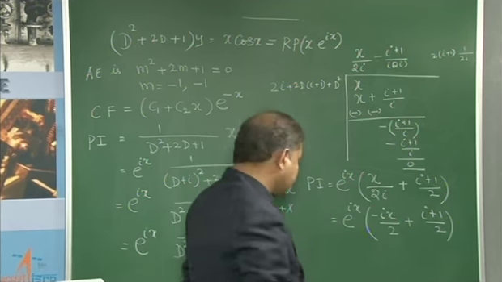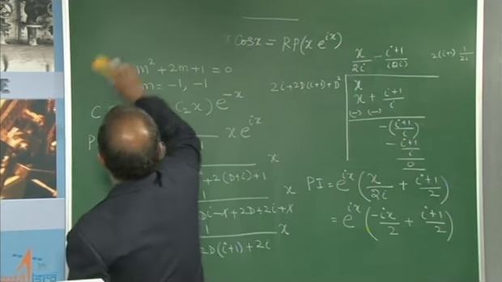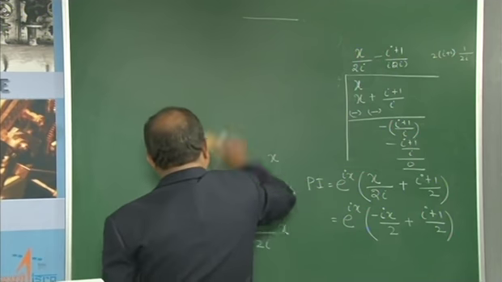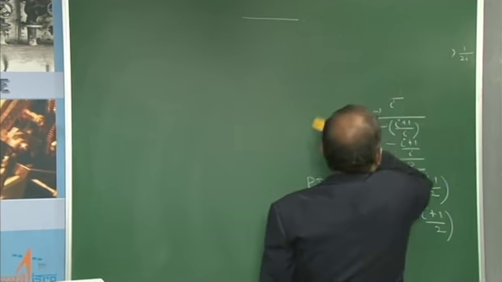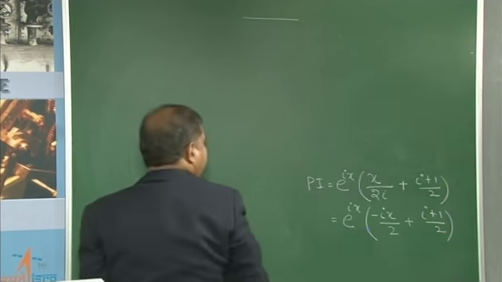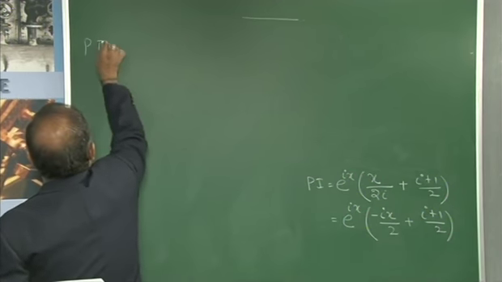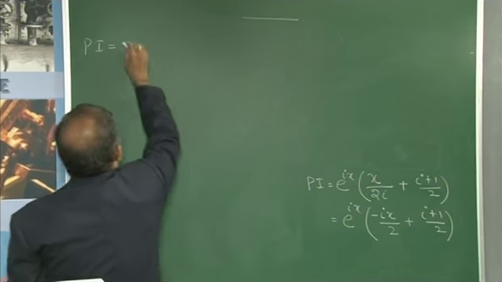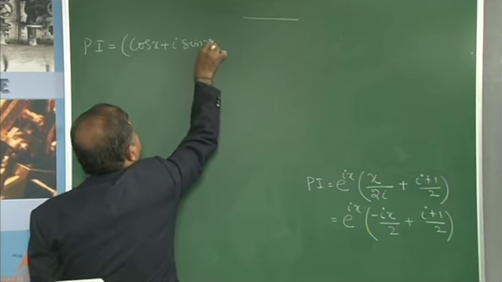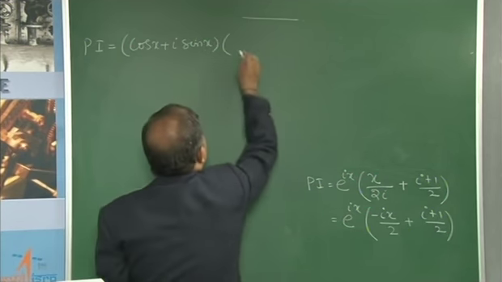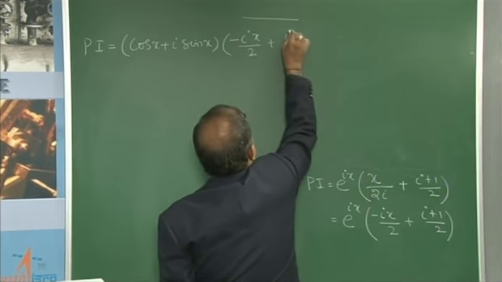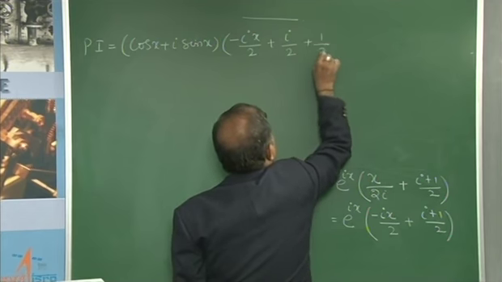Now, let us take the real part. So, I want to take the real part of my, now let us go for required pi, that is real part. Pi is equal to e power ix, it is cos x plus I sin x multiplied by minus ix by 2, separate it, plus I by 2 plus 1 by 2.